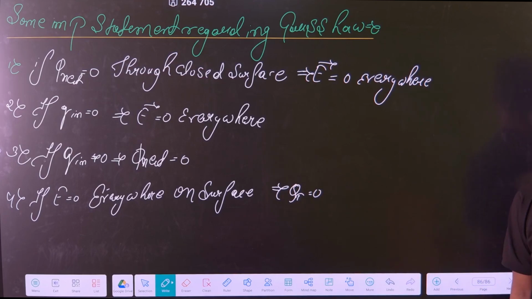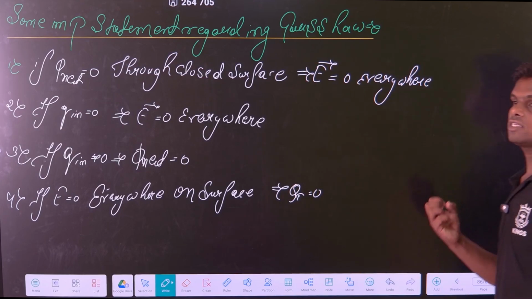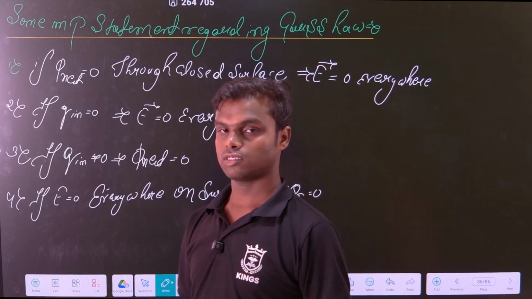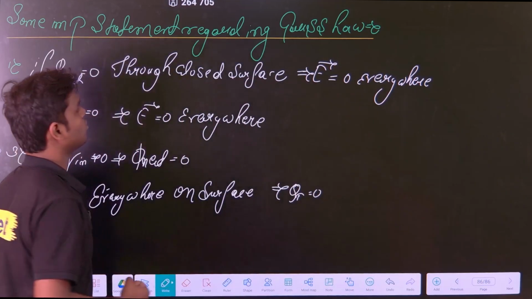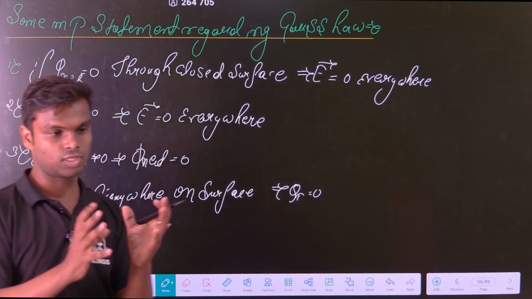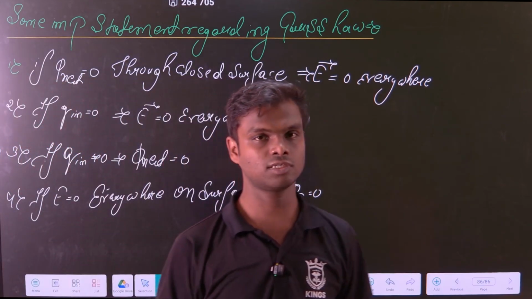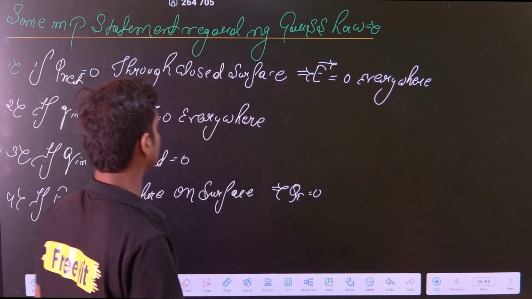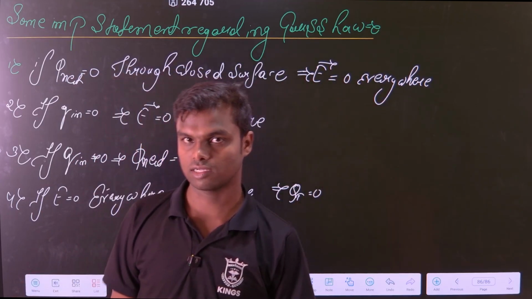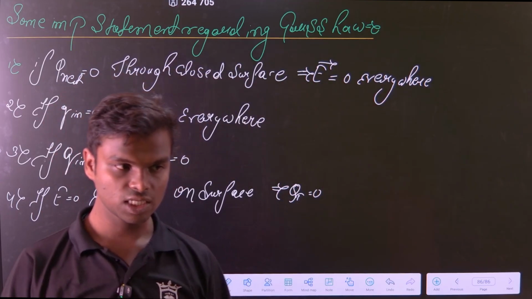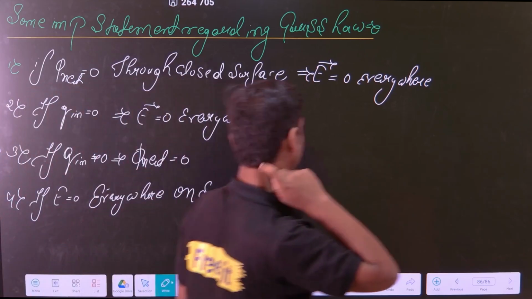First statement, read the first statement. What is it saying? If my Q net, the total charge, is 0. Suppose my total net charge inside is 0 for the closed surface. On the closed surface, I have calculated the total charge and it is coming 0. This means that electric field is 0 everywhere. Is it correct or false? Think logically. What is Gauss law?